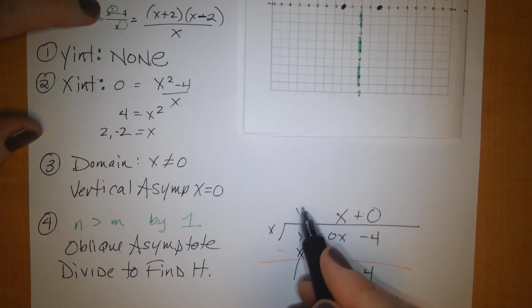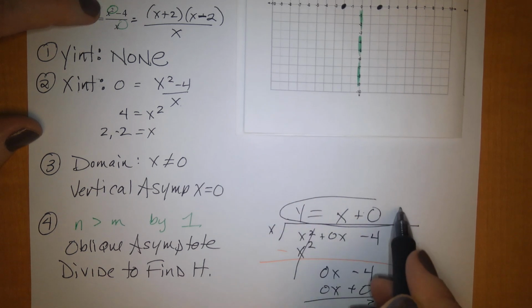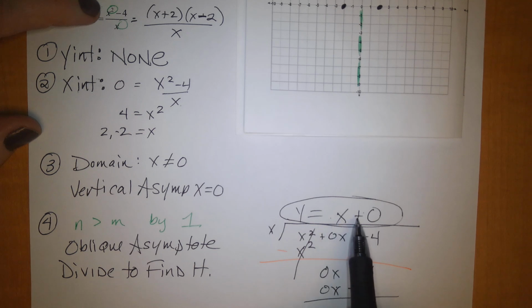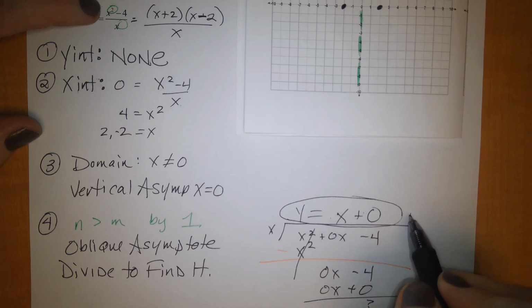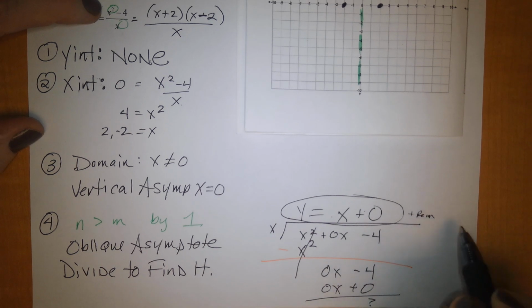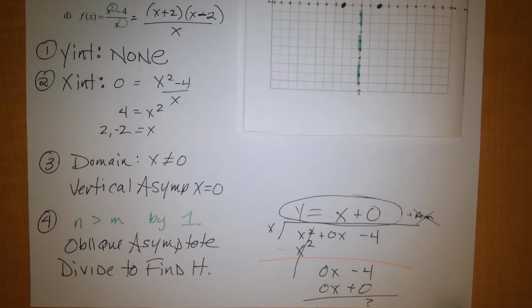As long as I have my oblique asymptote in y equals mx plus b form, I don't really care about what the remainder is. It's not necessary. So the oblique asymptote is going to be located at y equals mx plus b, which is x plus 0. So the y-intercept will be at 0, and the slope is 1.